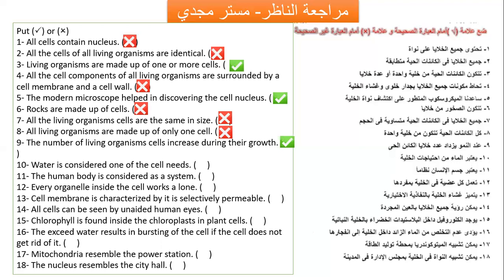So the cell needs nutrients or food, oxygen, and water. The human body is considered a system for sure, because your body consists of organs, systems, cells, tissue, and all of them work together to keep you alive.